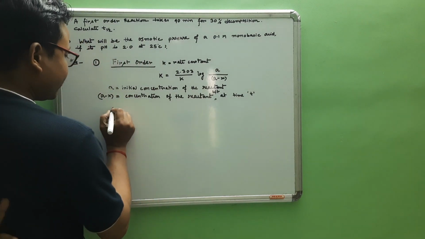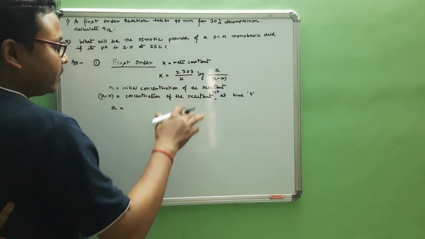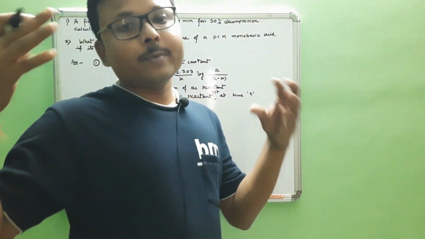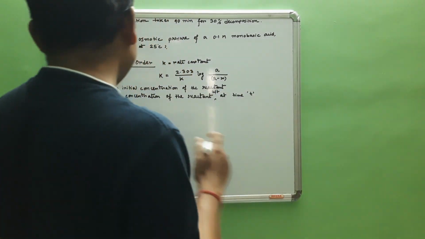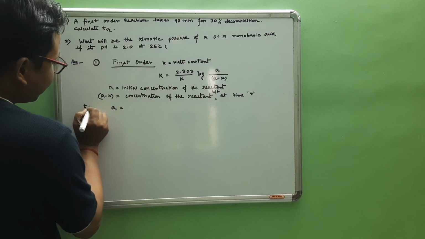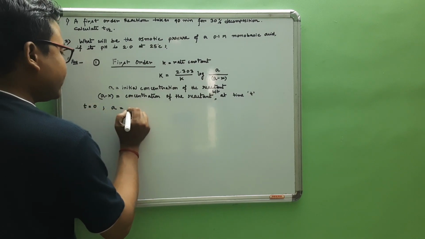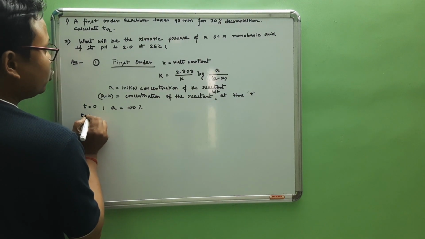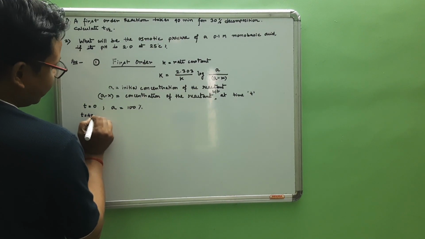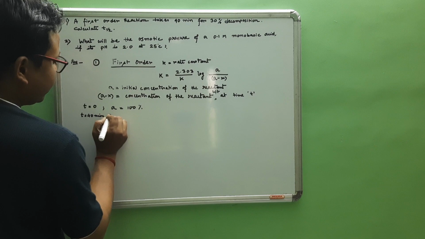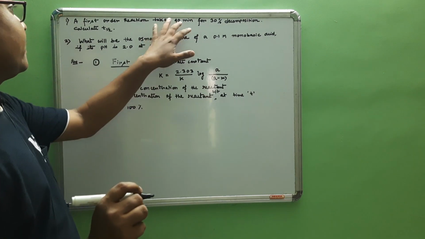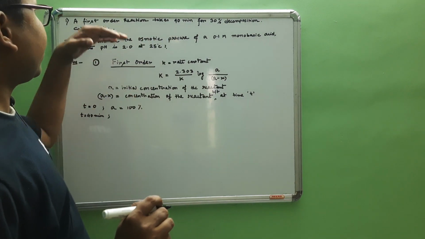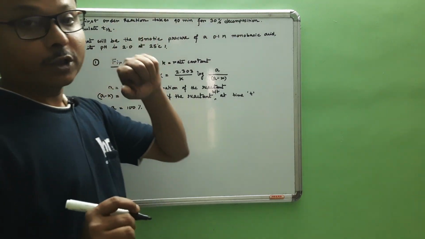So here initially no product is being formed. So at time t equals to 0, what is the A? A is the 100%, and at t equals to 40 minutes, what happens? Because at 40 minutes 30% decomposition occurs.